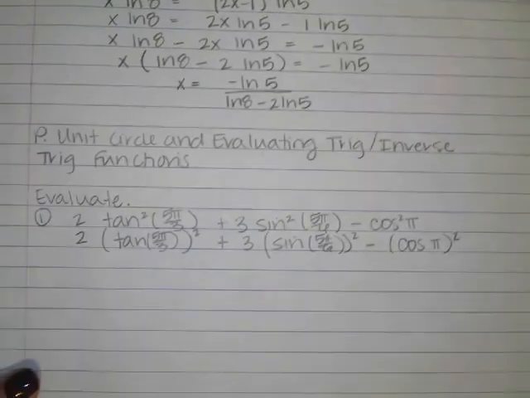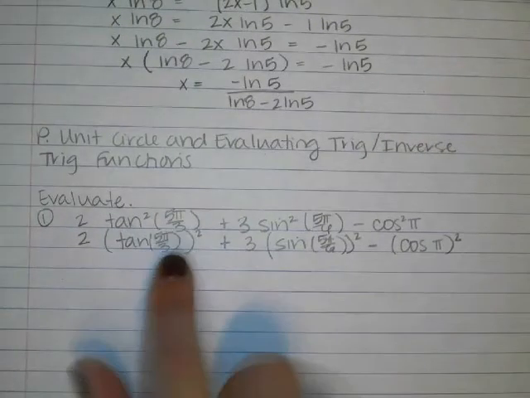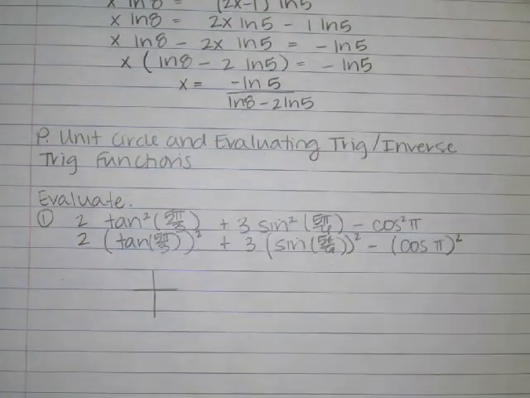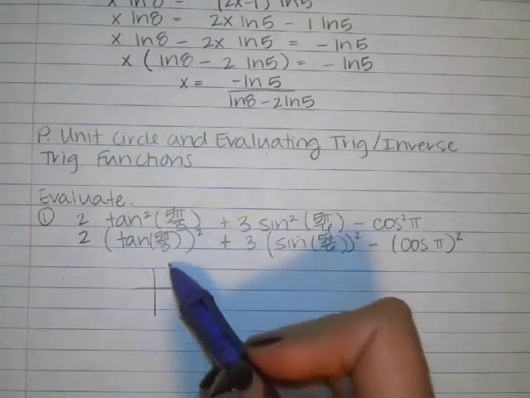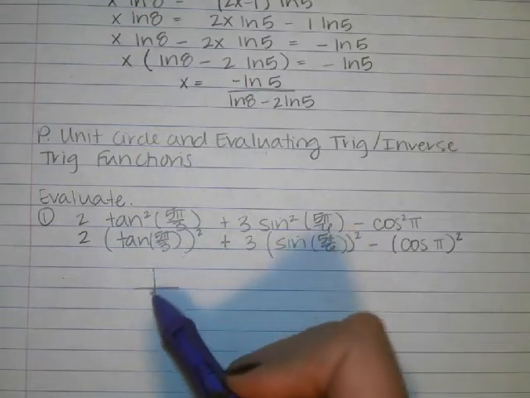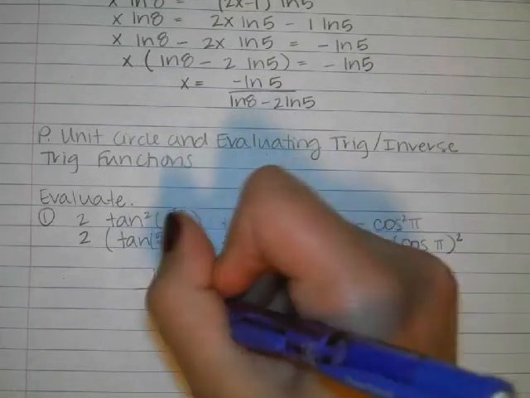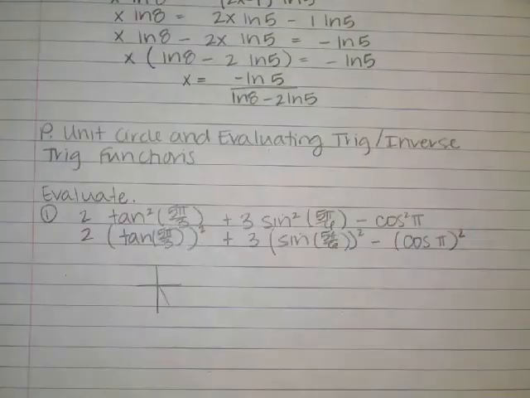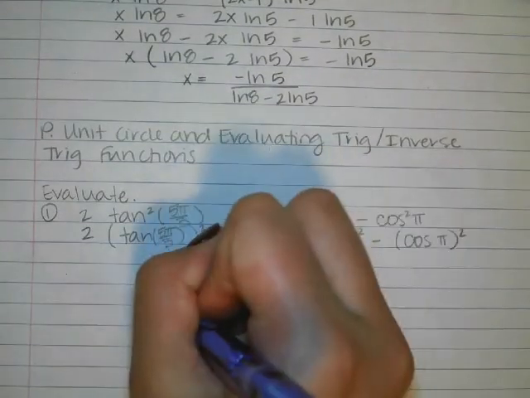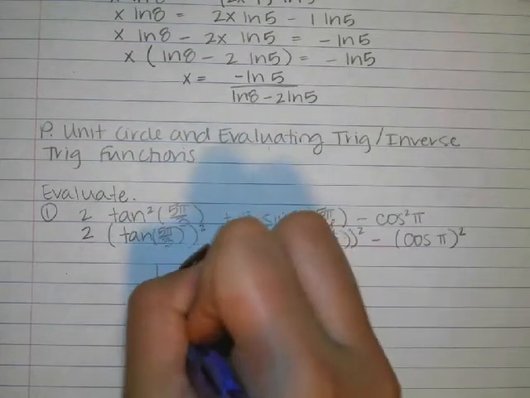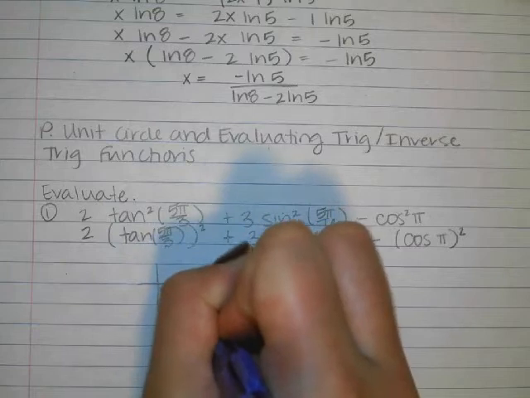Okay, so I'm going to picture the unit circle. I know that 1/3 is here, 2/3 is here, 3/3 is over here, 4/3, 5/3, 6/3. So I'm going to picture it being kind of right there. 5 pi thirds is right a little bit, down a lot.